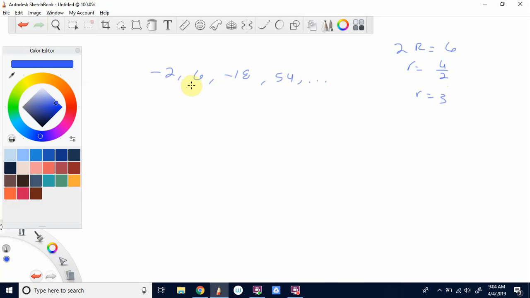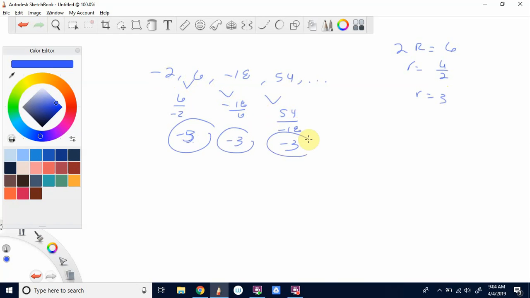So if I do 6 divided by -2, I get -3. If I do -18 divided by 6, I get -3. And if I do 54 divided by -18, I get -3. So what I'm really doing is I'm multiplying each term by -3. That is my common ratio. It's the same, so it is a geometric sequence.